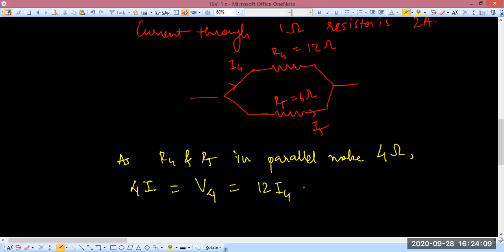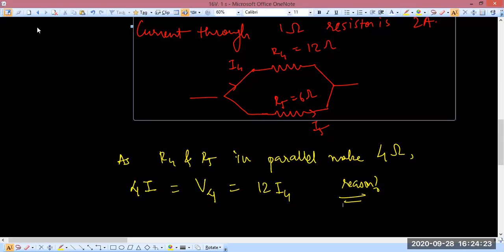I hope this is clear. Can someone tell me the reason for this step? What logic do we have here? I'm waiting for you, everyone. Can you tell me the reason for this?